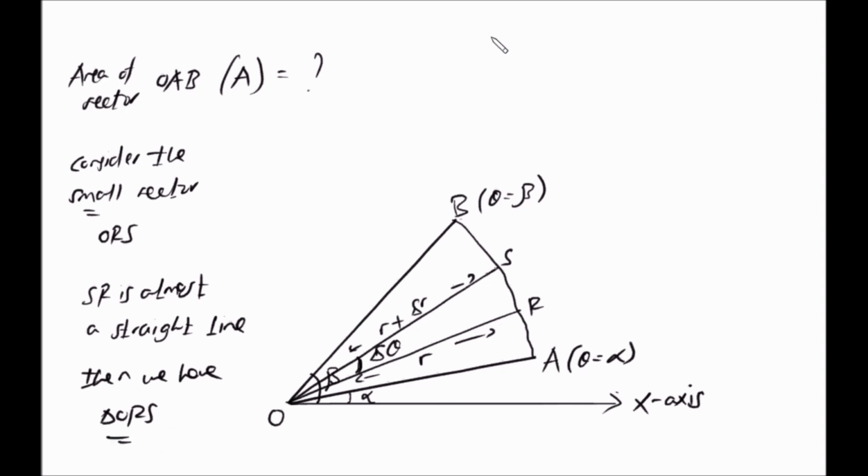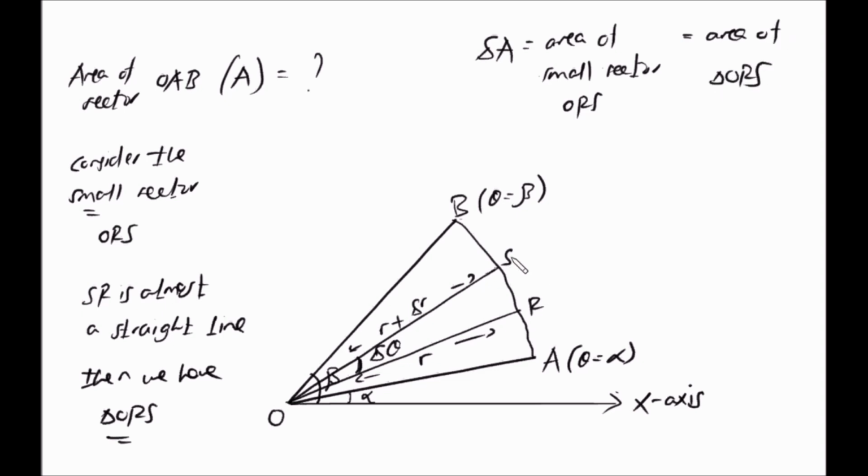So now the area of the small sector, delta A, the area of the small sector ORS itakuwa ni sawa tu na area of triangle ORS. So nimesema SR itakuwa like a straight line kwa sababu ni ndogo.